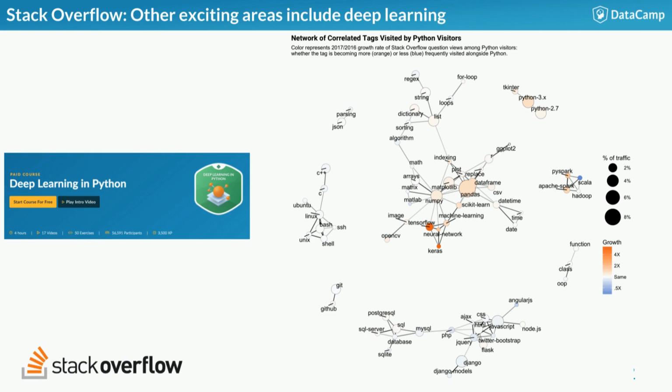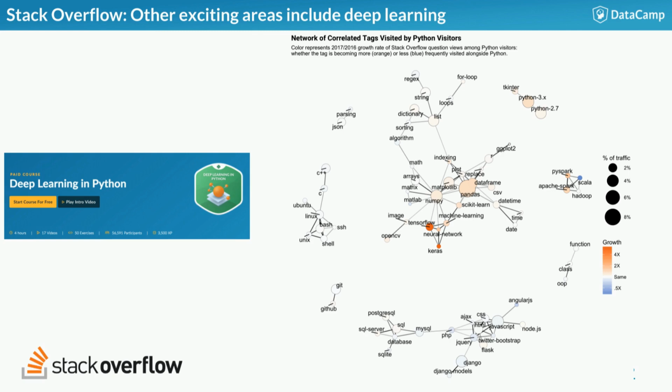On the left-hand side, there's a group of Python users that is visiting tags like Ubuntu, SSH, Shell. Those are your system administrators. And then on the bottom of the slide, you see people in web development, AngularJS, and so on. But the center of the graph contains packages that are very heavily used in data science.